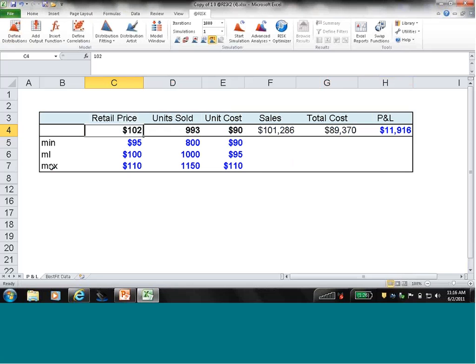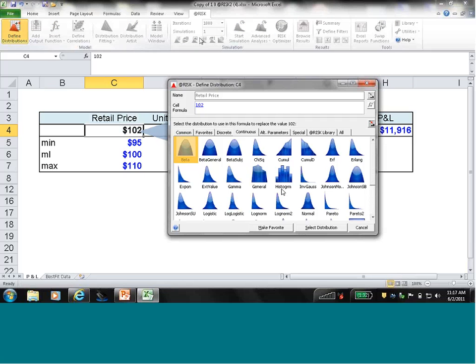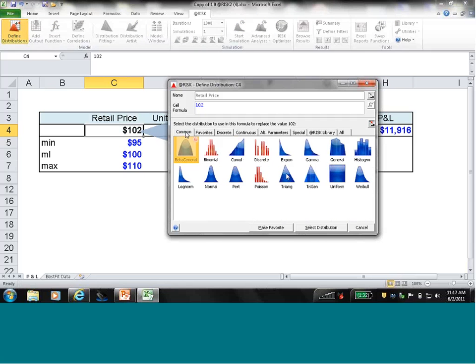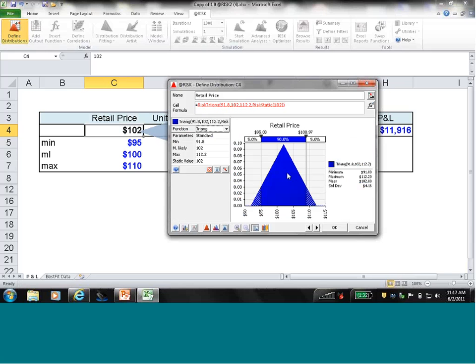So maybe somebody in our company knows information on these 3 price points and what we've charged in the past. As far as retail price, we might have a minimum, a most likely, and a maximum. Units sold, also a minimum, most likely, and a maximum, as well as unit cost. So we're able to take these 3 points and define a distribution with that. In this case, we're going to select a triangular distribution because we have a minimum, a most likely, and a maximum.